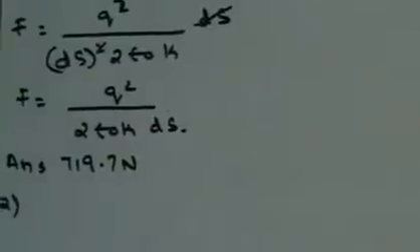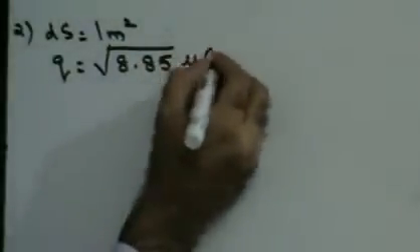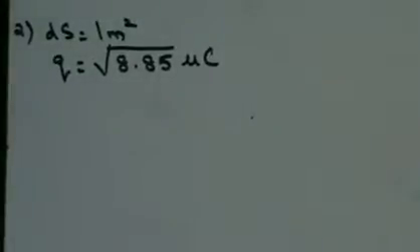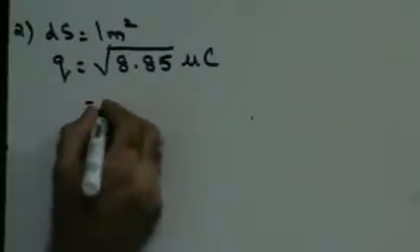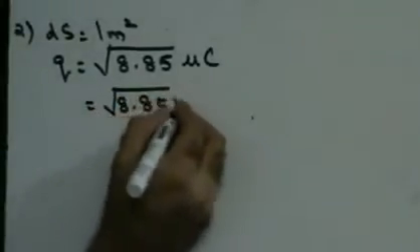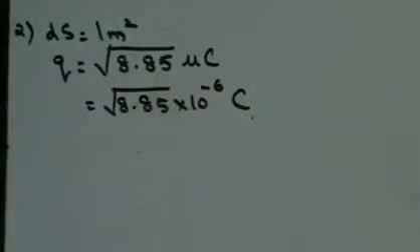Next, take our next up, please. A metal surface of area 1 meter square is charged with square root of 8.85 microcoulombs in air.